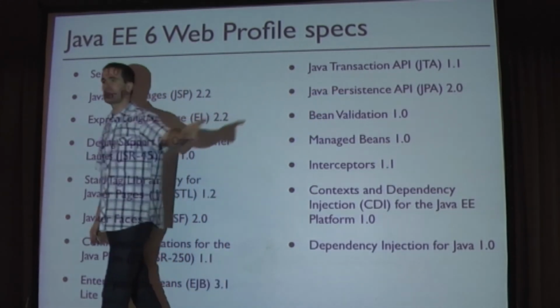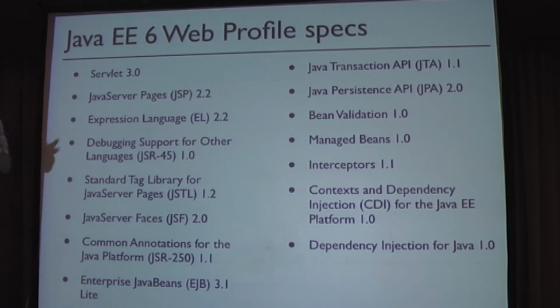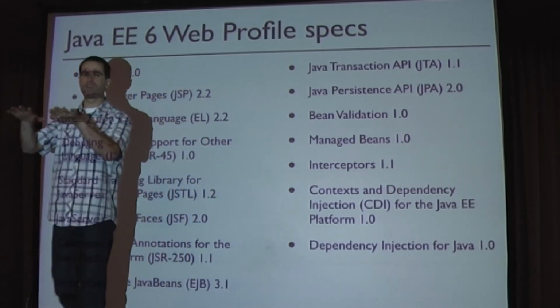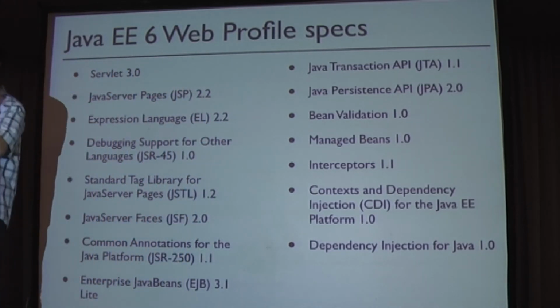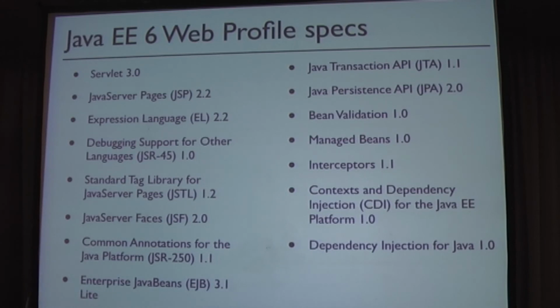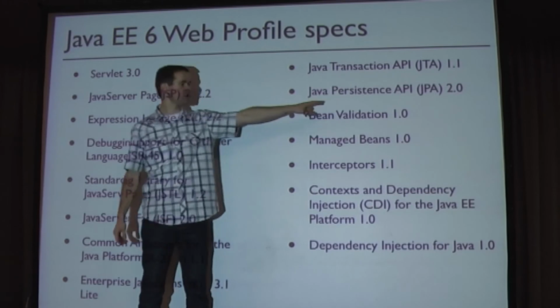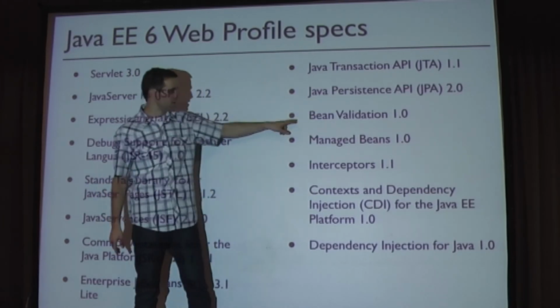Have you used JPA? Well, I'm pretty sure you have. Or you base your development on Spring Framework, which did it for you, but then it's basically JPA under the covers. Bean Validation.